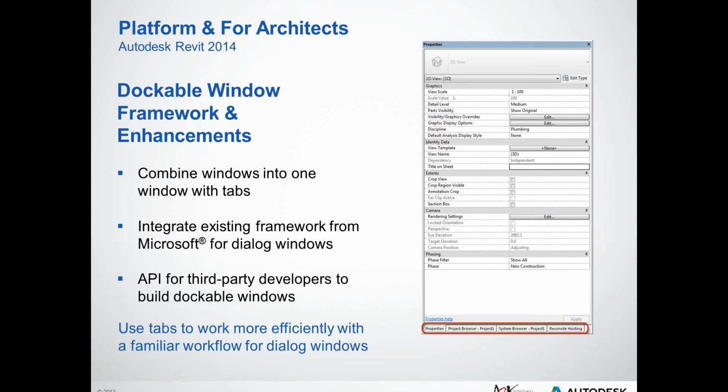Now, it's not to the full extent of what you might have in, say, AutoCAD, where you can actually pin it in place just yet, but at least now we can use less screen real estate with our windows and apply more screen real estate so that we can focus more on the model. Fortunately, Autodesk have also opened this up to the API so that third-party developers can also build their own dockable windows, so we don't have, I guess, too many interface windows sitting in front of the model when you're trying to work.